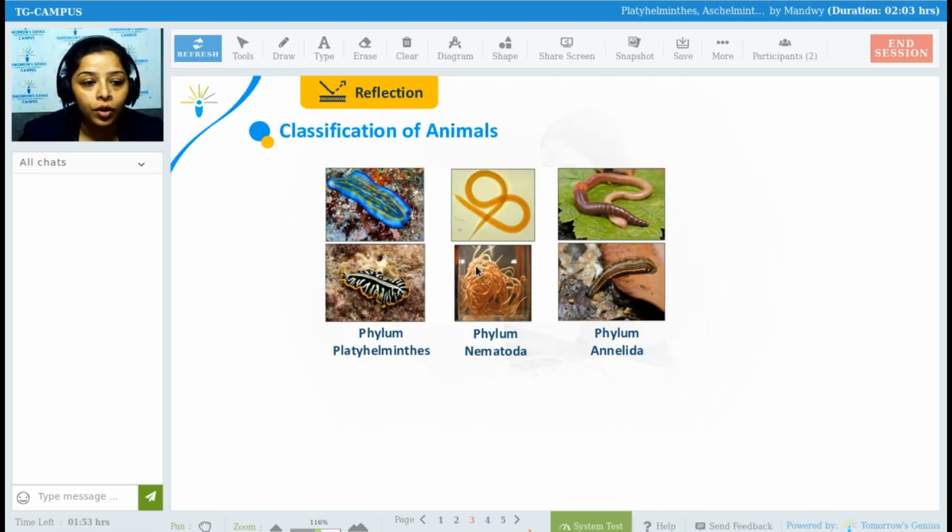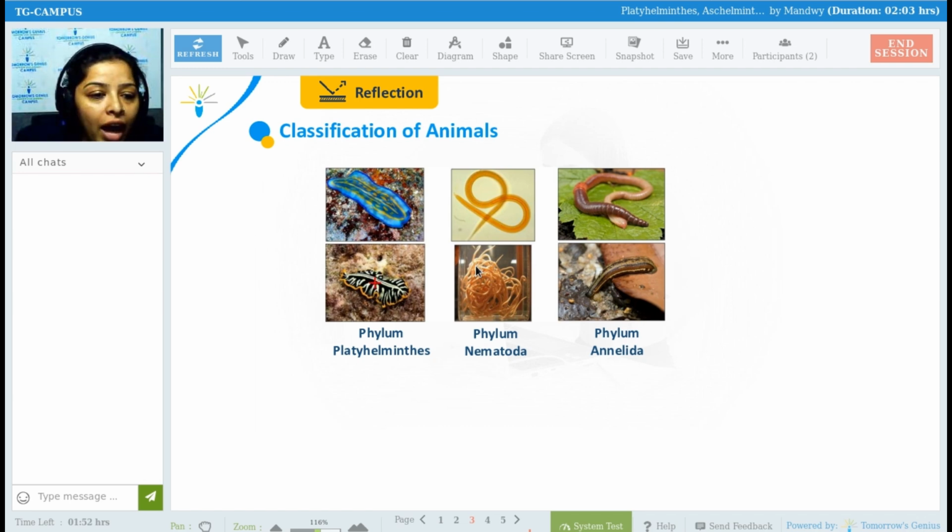Our new topic. Before moving to that, look at here in front of you. There are 6 images, right? And each image has a different type of organism, right? As you can see here, the blue one is quite flat, right?